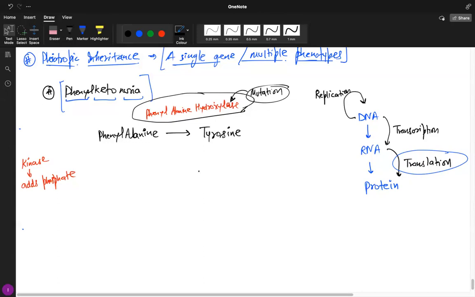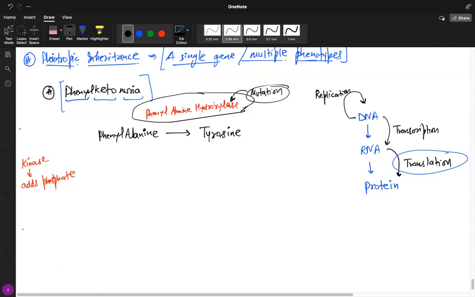You will use a lot of it to make your own proteins, but still a lot of it will be just accumulating in the body. And this accumulated phenylalanine, by other ways, starts converting into phenylpyruvic acid.